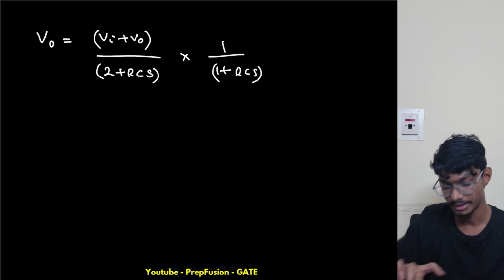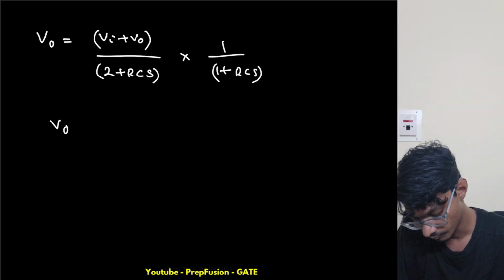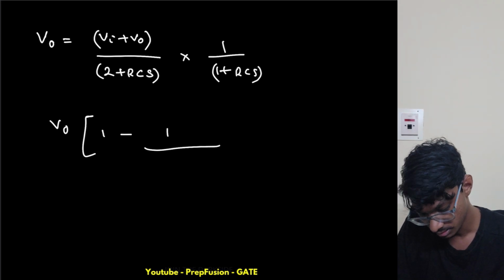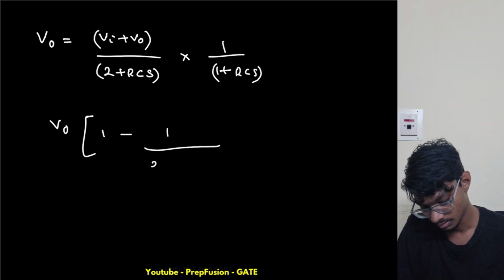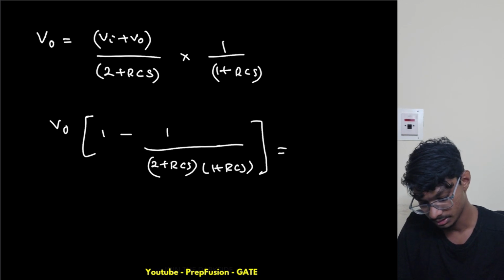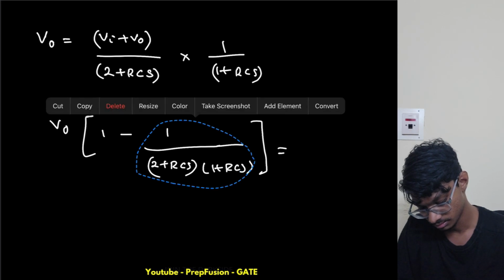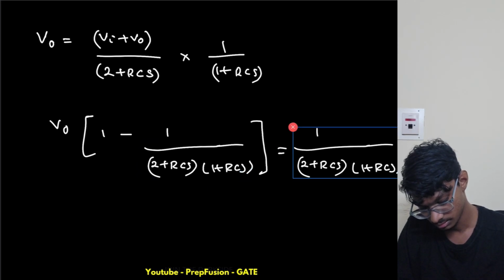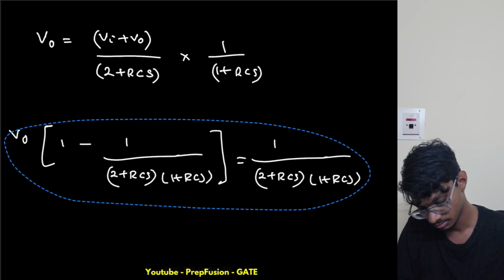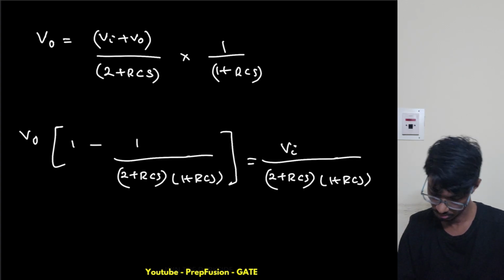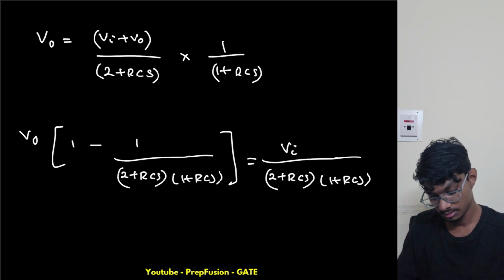So I will take Vo on that side, so Vo I take common, 1 minus 1 divided by (2 plus RCs) into (1 plus RCs), this term only, right? So let me copy this term only, and this is Vi. Okay, this is Vi.